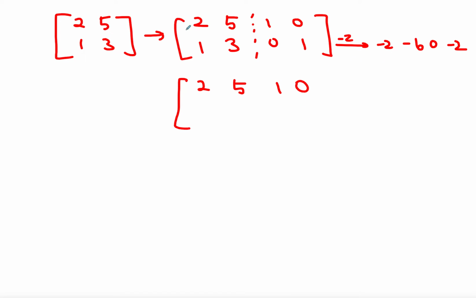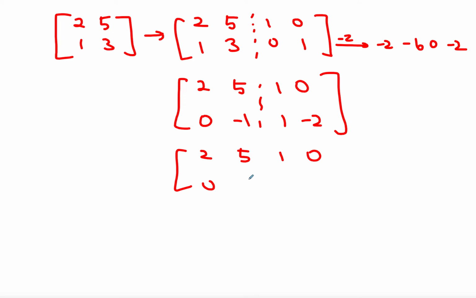The second row, I get 0, -1, 1 and -2. But I want the identity matrix, so I'm going to multiply the second row by -1, so I get 0, 1, -1, 2.